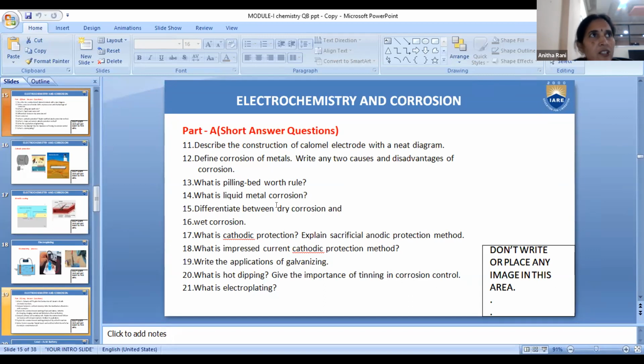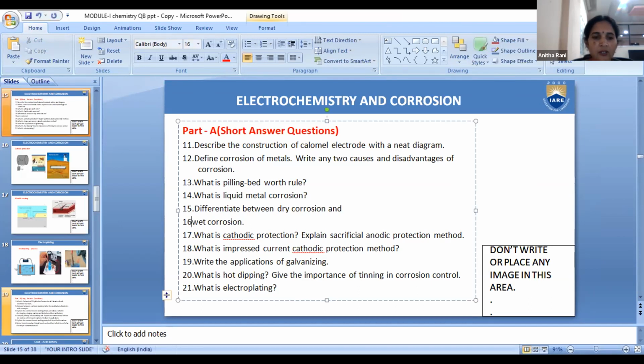How does liquid metal corrosion take place? Corrosion by molten metals, like sodium. Either the liquid metal diffuses into and penetrates the solid metal, or the solid metal is dissolved by the liquid metal.